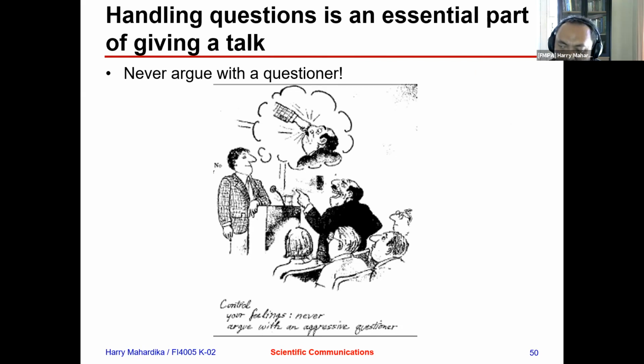You may say that his idea is interesting, or that his opinion is logical, but that this research, for example, is not conveying your opinion at the moment, and so on. So there are techniques to avoid arguing with the people who question your talk.